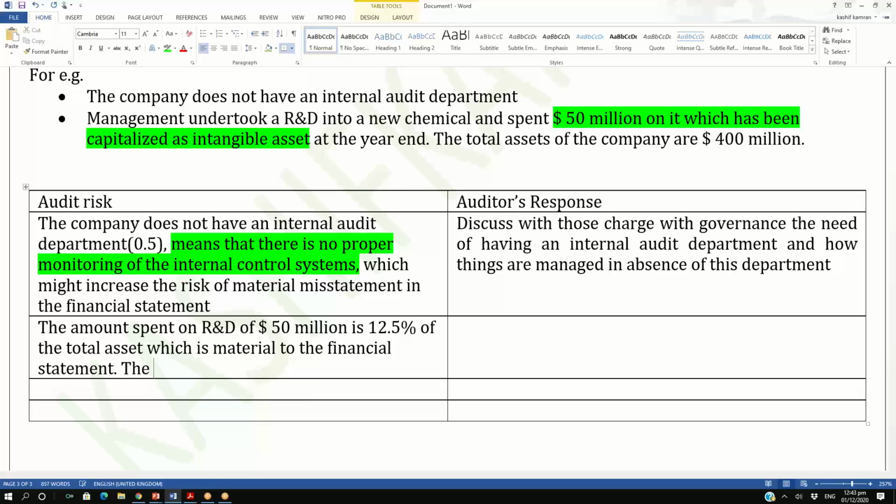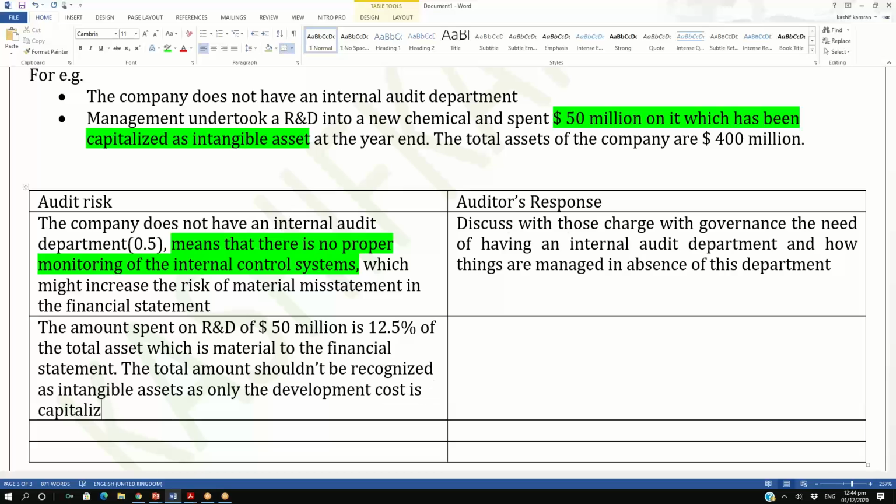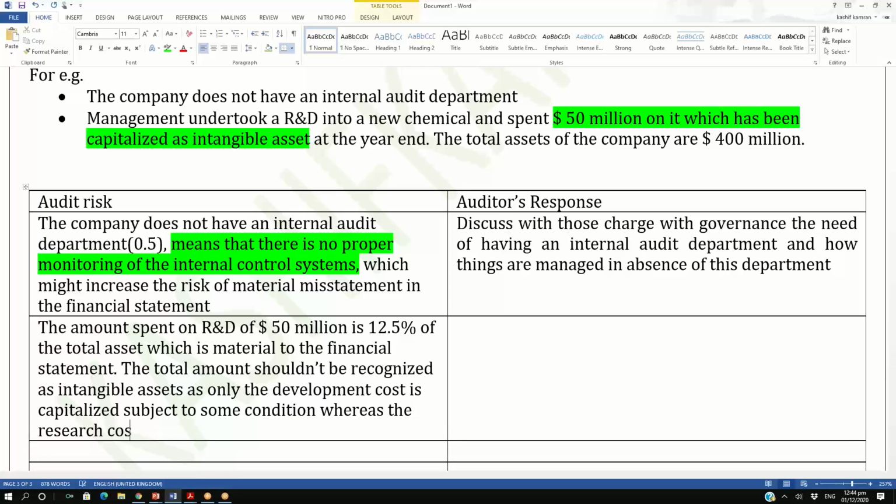The total amount shouldn't be recognized as intangible assets, as only the development cost is capitalized, subject to some conditions, whereas the research cost is expensed out.